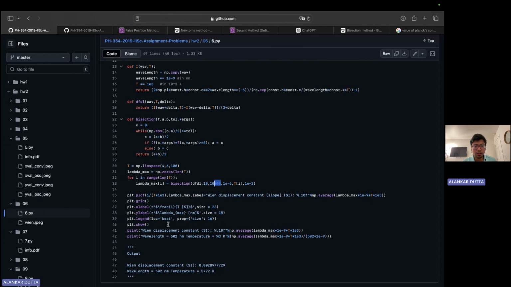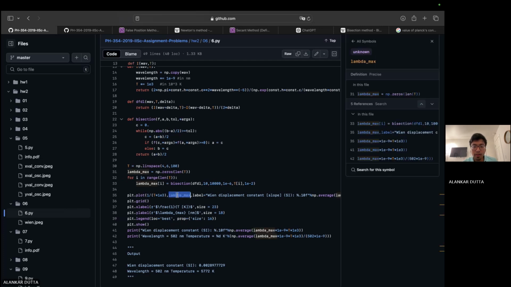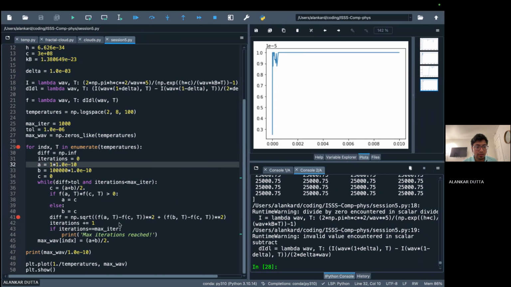And then what am I plotting? I'm plotting lambda max in terms of E minus 10, in angstrom, and temperatures in kelvins.